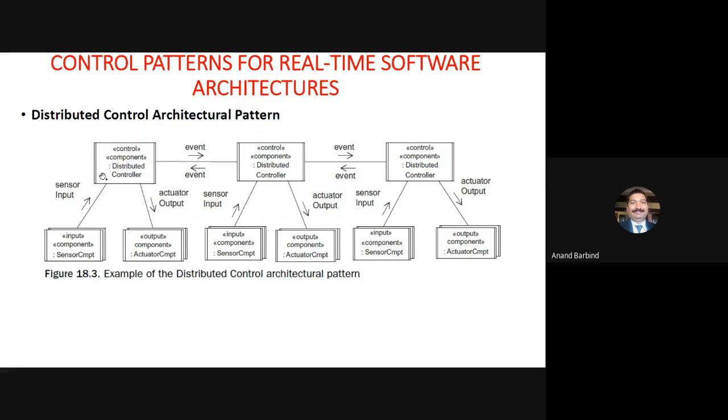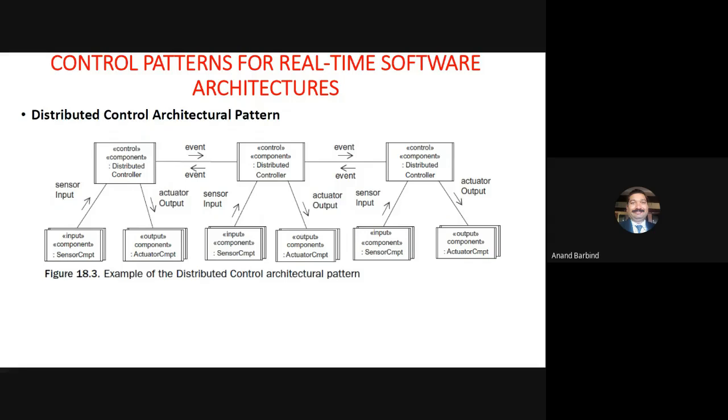Now, even if certain events are received by a particular control component, the important events are sent to the other control components. Consider that these control components form some ring type of structure, and whatever important event they receive, they pass it on to the next component.